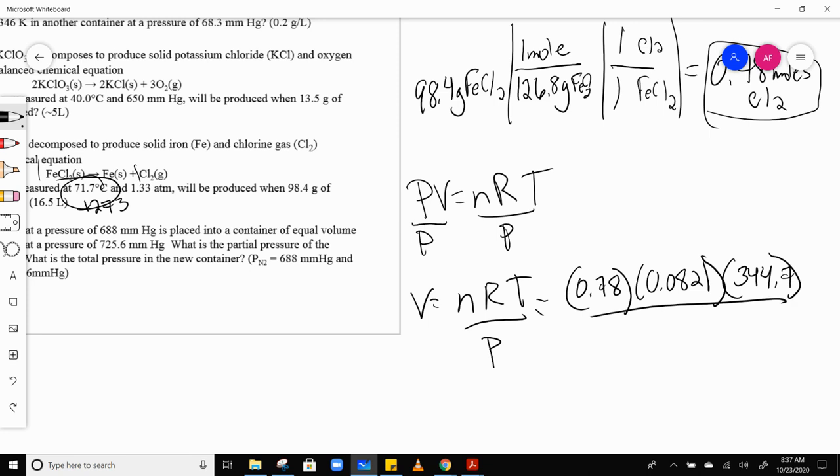And then pressure, oh, it's already in ATM, thank goodness, 1.33. Make sure it's in ATM. Now we get the volume equals, and you just plug all that in. So 0.78 times 0.0821 times 344.7 divided by 1.33. And you get 16.6.